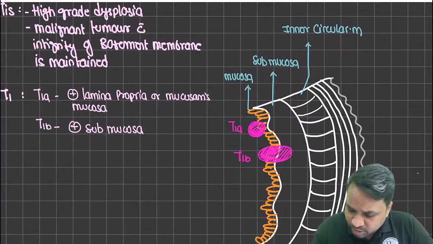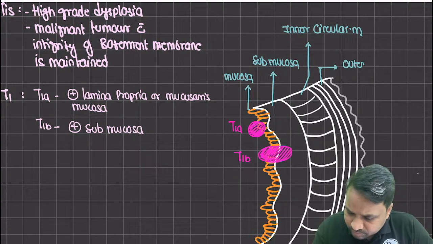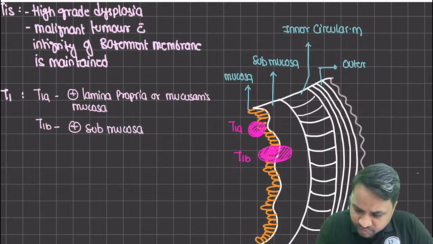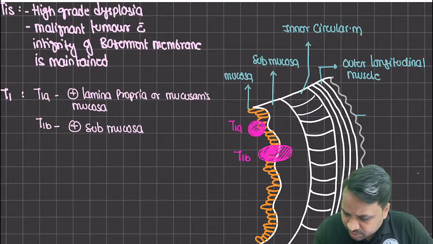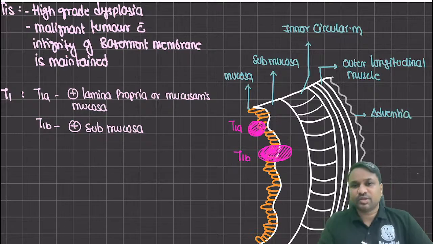Then you have the outer longitudinal muscle. And the last one that you have is the adventitia.